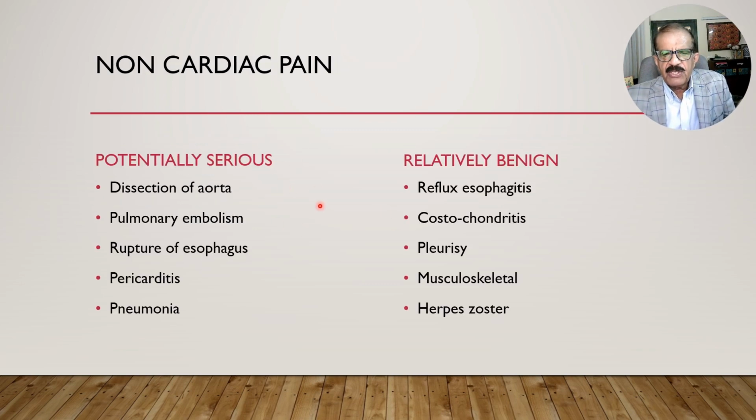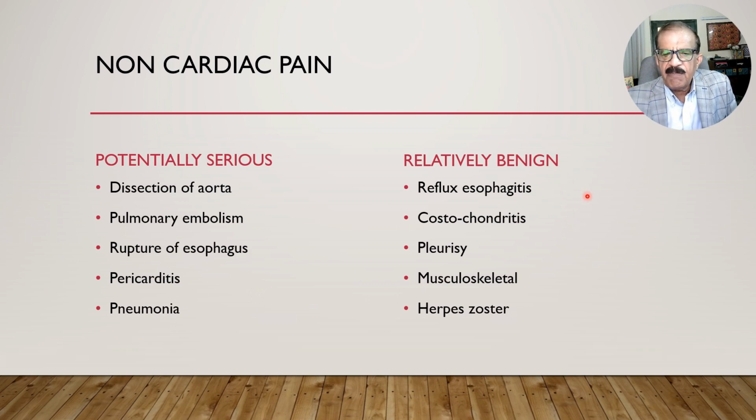So if this turns out to be a non-cardiac pain, there are various possibilities. There are some potentially serious conditions also in this group, like dissection of aorta is serious, pulmonary embolism, pulmonary infarction may be serious, rupture of esophagus can be serious, pericarditis, pneumonia are also potentially serious. So you should be able to differentiate and diagnose these conditions.